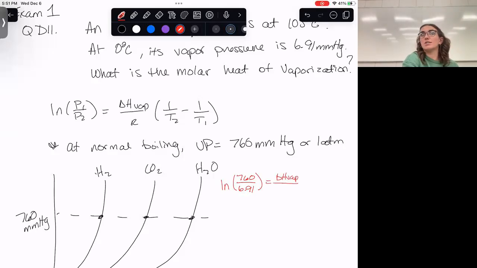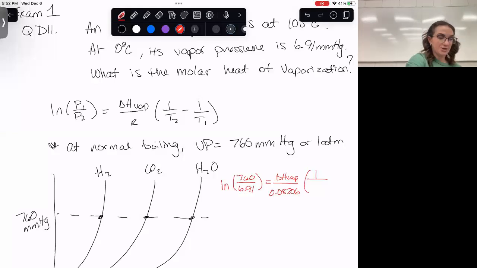What is R in this case? What is T2? That'll actually be T1, since we plugged in pressure 1 of 760 where it's boiling, so we want to use the 105 as our T1.